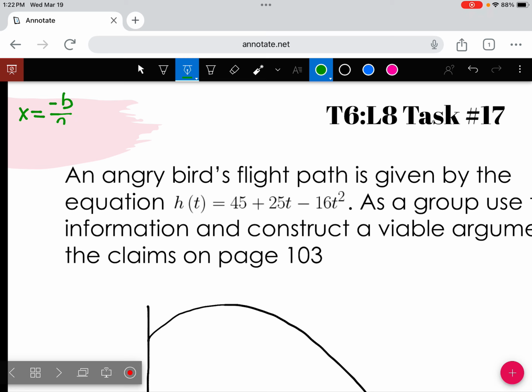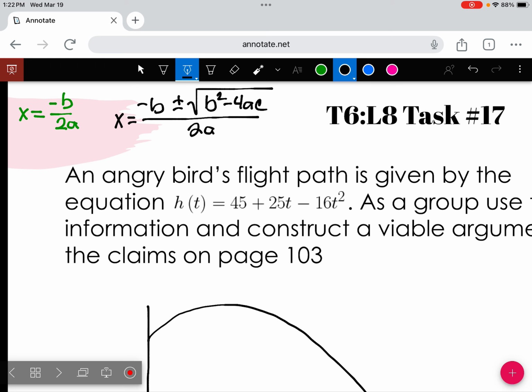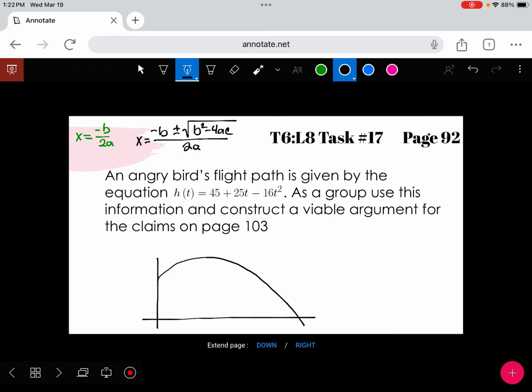I don't know if she's still going. What is she doing? Nothing. Should be seeing which of these pigs are going to be hit.